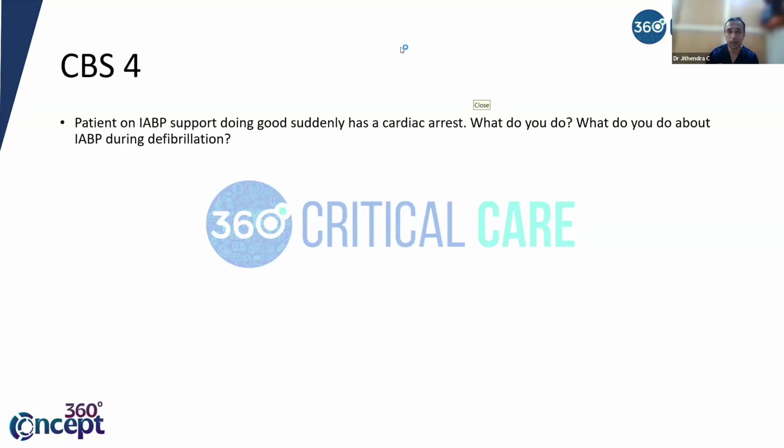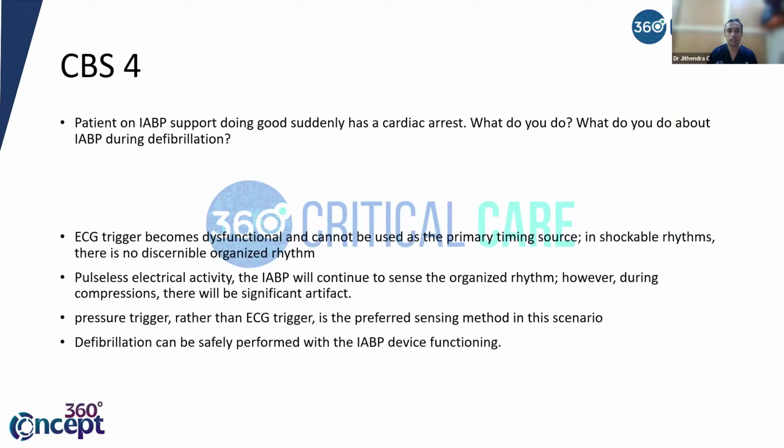Leave it like that, and you can go ahead with the regular defibrillation. Absolutely right. The ECG trigger becomes dysfunctional, as I told you, there is no waveform coming, so change it to pressure trigger or put it on auto mode. Defibrillation can be safely performed with the IABP device functioning. No need to stop or change anything on the IABP. You can completely go ahead with your defibrillation as you do it routinely.